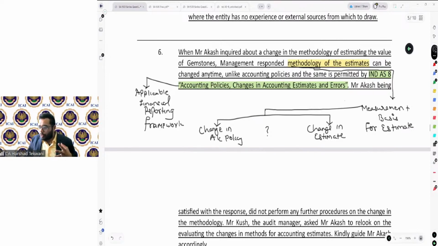So I need to understand the requirement of applicable financial reporting framework, correct? Now, I'm not sure how many of you went through the NDSA and looked into that, but if you refer to NDSA, okay, I'll show you.